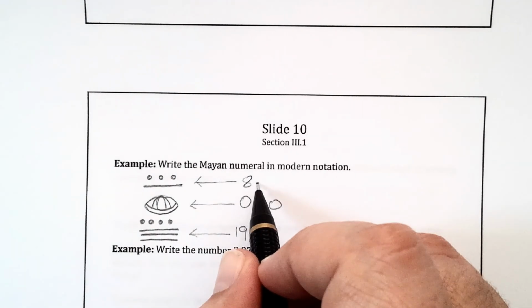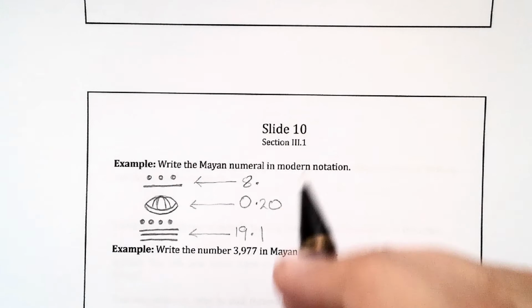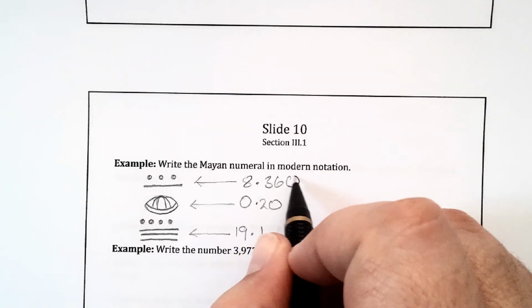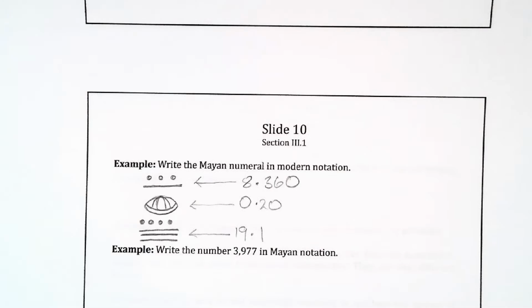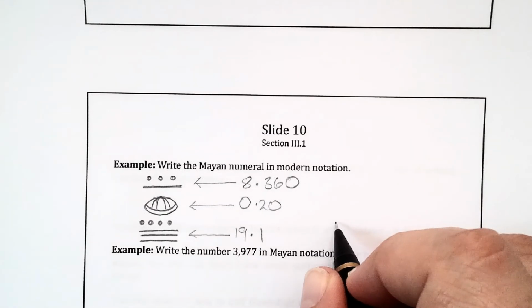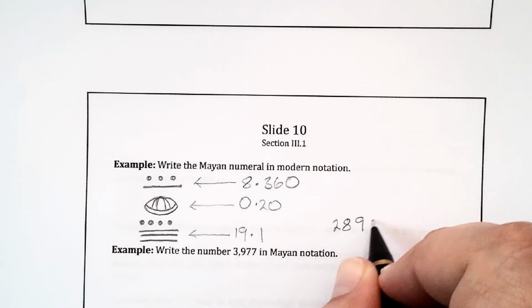But this is in the 18 times 20s place, or 360s place. And so we just add those up. 8 times 360 plus 19. That comes out to 2,899.